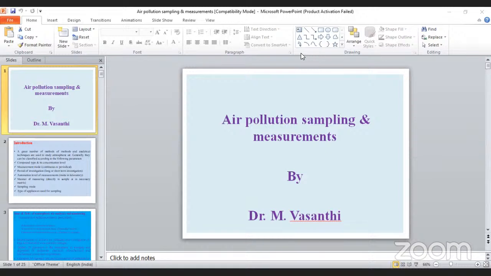And where will you take the air? And when will you take the air? Suppose I want to analyze the air pollution level based on the traffic or vehicular pollution in a particular area of the city, how will I do it? The morning traffic varies from afternoon, the afternoon traffic varies from evening, and the evening varies from night also.